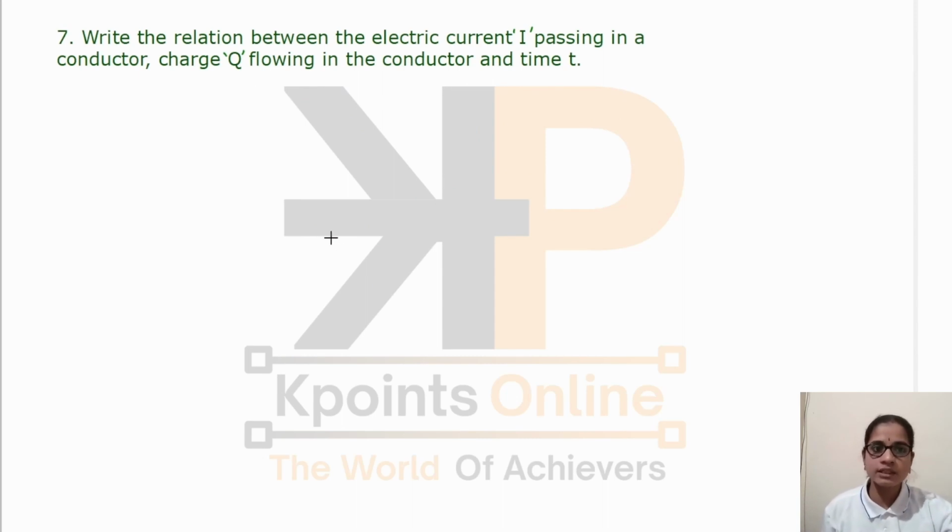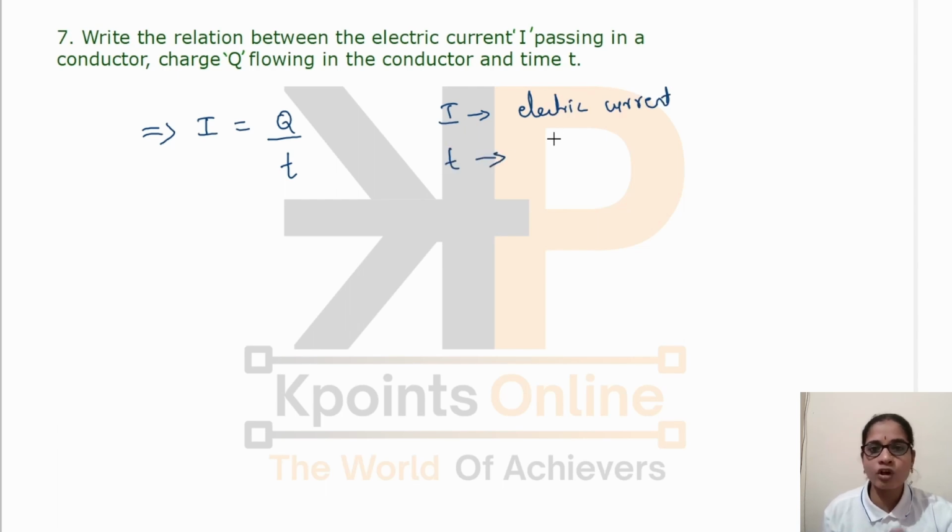Now, next question. Write the relation between the current, that is electric current I, passing in a conductor, charge Q, flowing in the conductor in time t. We have to write the relation between these quantities. We know that electric current is the rate of flow of charges, and it is given by the formula I is equal to Q upon T. I is the electric current here.